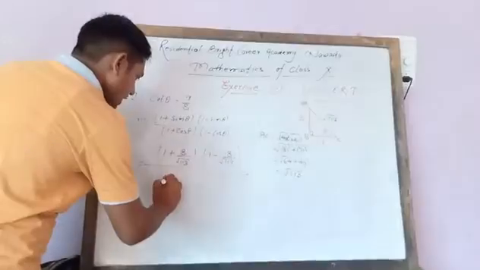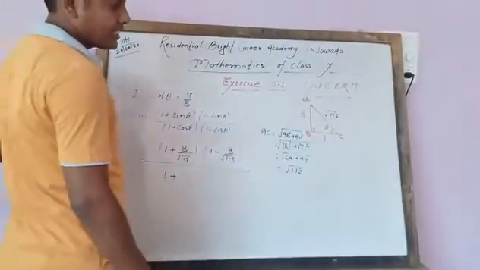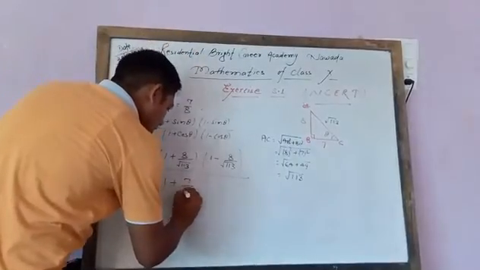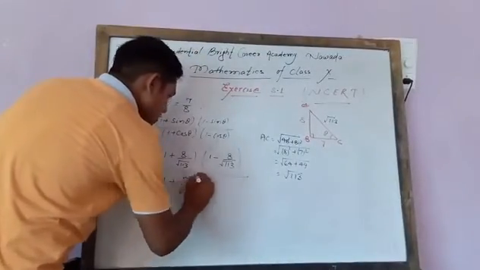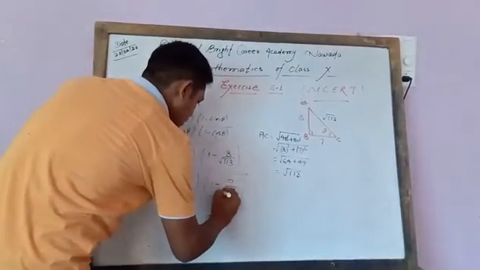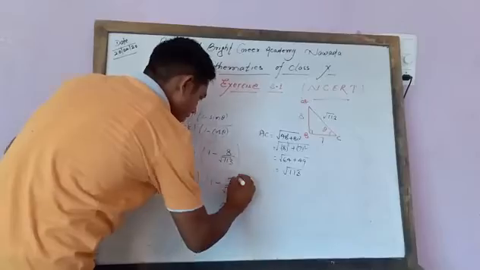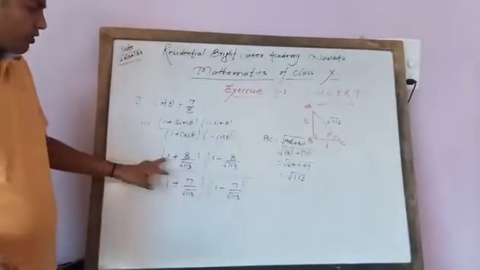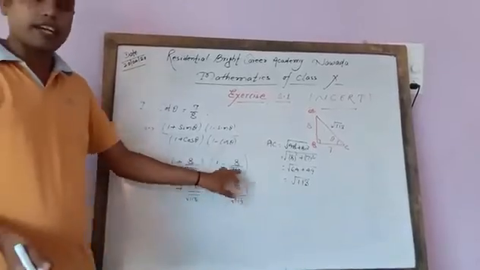Similarly, we can write 1 plus cos theta. Cos theta is equal to B by H. It means 7 upon root under 113, into 1 minus 7 upon root under 113. Here we can multiply using the formula of a plus b into a minus b.